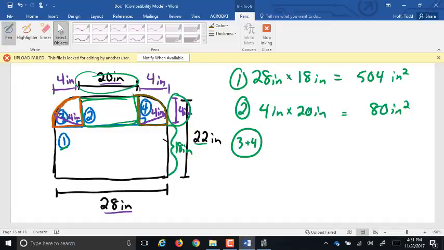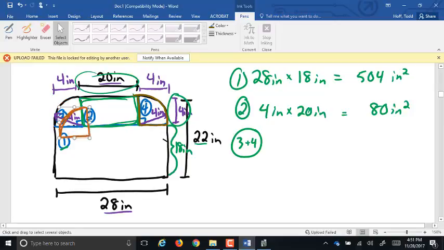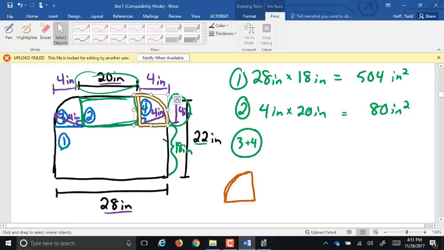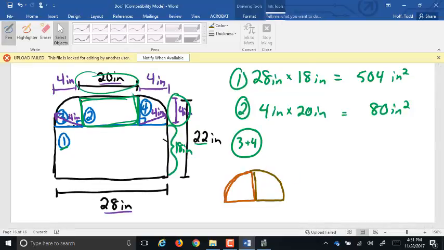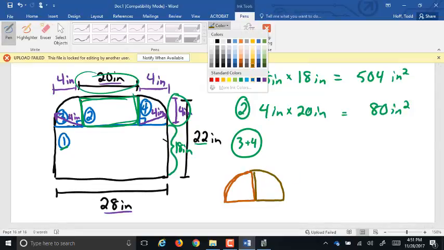So here, I have one quarter circle. And I have a second quarter circle. I can take them out of that shape and I can put them together to make a single half circle.